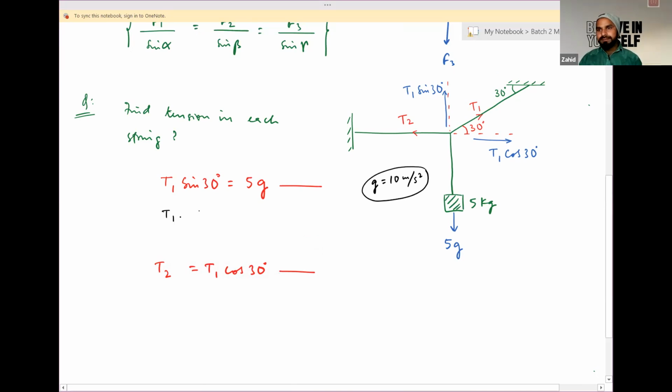T1 sine 30 is 1 by 2. Mass is 5, gravity is 10. This 2 will move to the other side in the numerator. So T1 will be 2 into 5 into 10, so it will be 100 Newton.